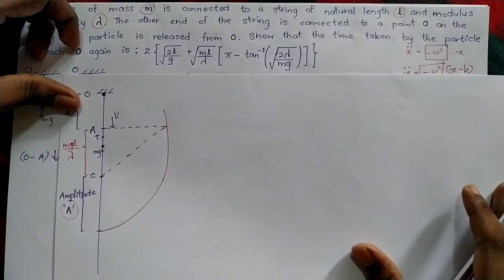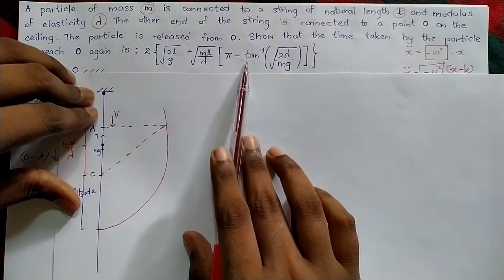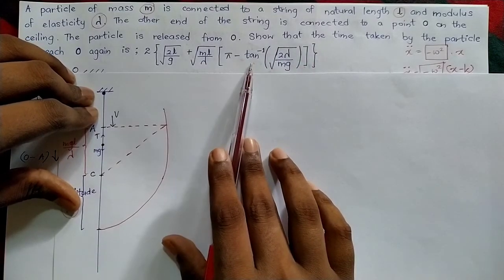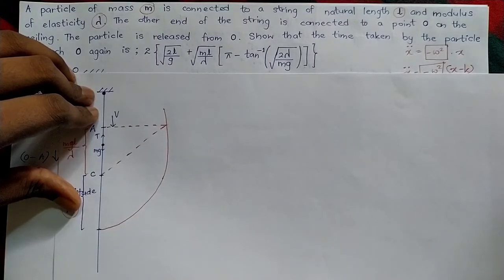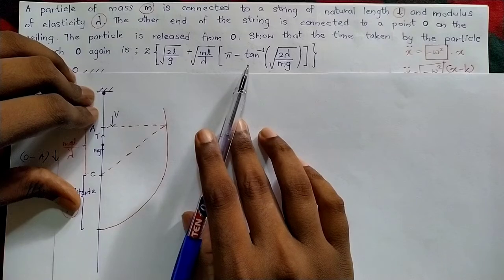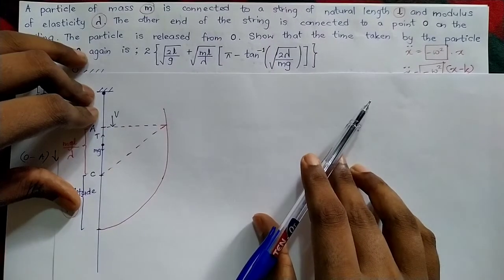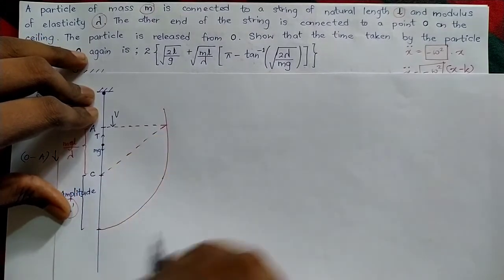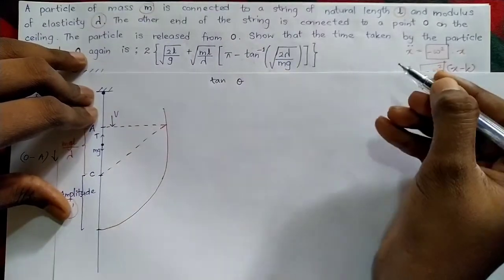Now look at the relationship they have given. There we have tan inverse of this expression. From this we can get a hint. The angle we have to find is a tan ratio, obtained from the expression given. So the angle we have to find, let's say it is theta, is a tan angle.